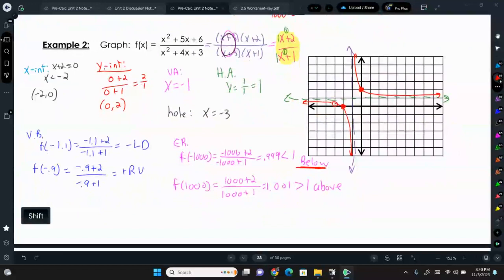And again, you might be able to look at this and say, well, don't I just know that the end behavior is going to be one side's above, one side's below? Don't I just know that the vertical behavior will be like that because one's got to go up, one's got to go down? Now that's not always the case, and a couple more examples later you'll see that.